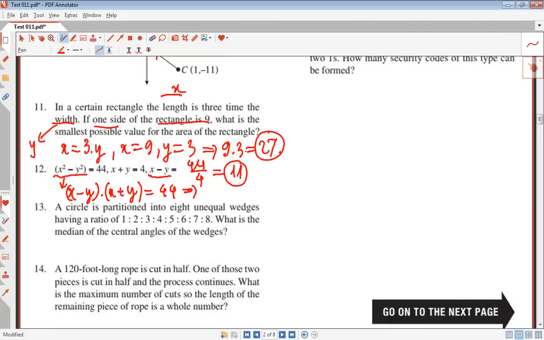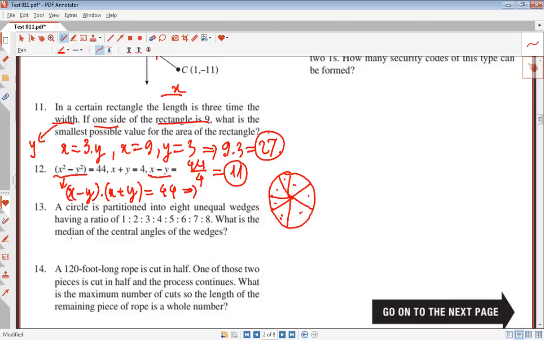Question number 13. A circle is partitioned into 8 unequal wedges, like this one. 8 partitions, 8 wedges, 1, 2, 3, 4, 5, 7, 8, having a ratio of 1, 2, 3, 4, 5, 7, 8.